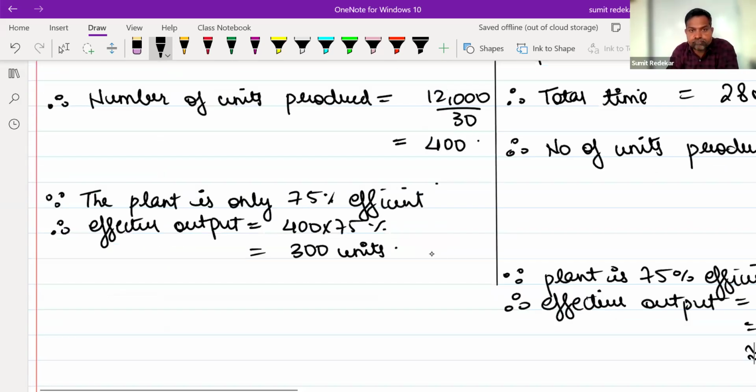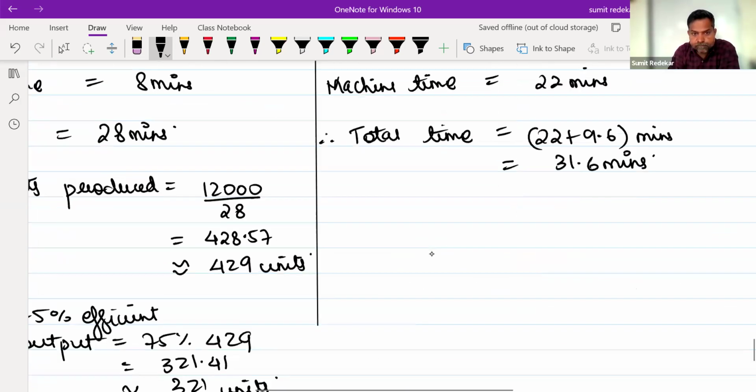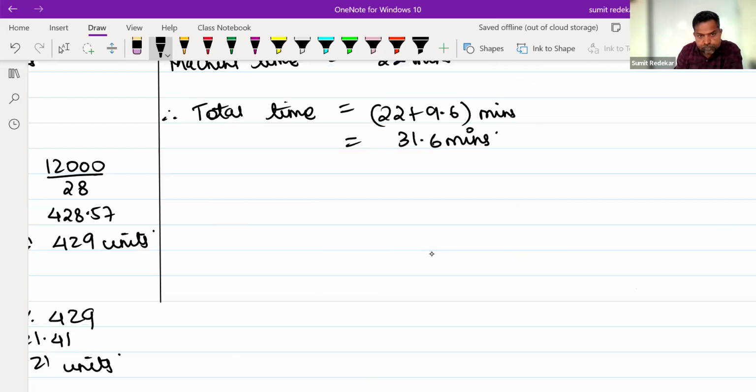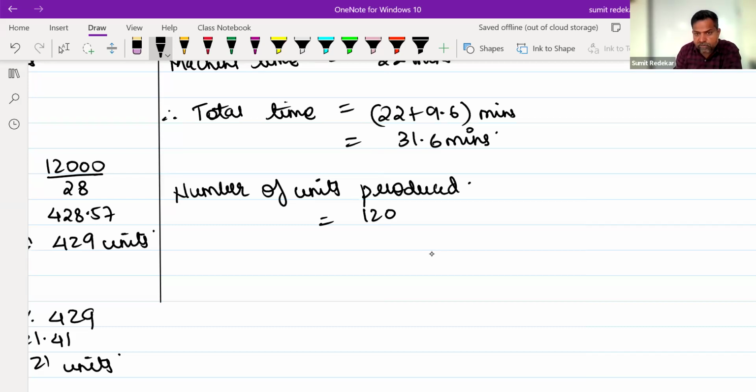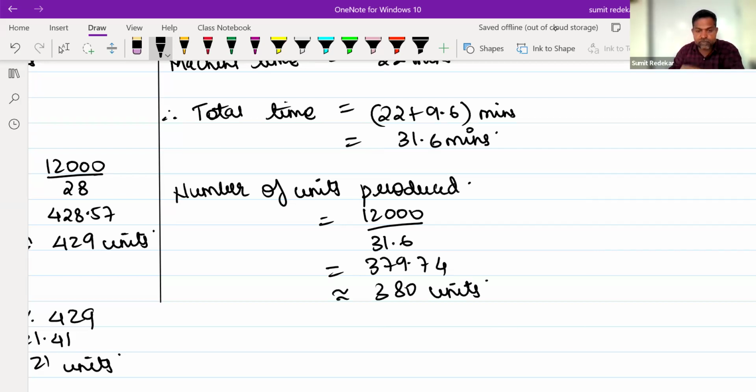Correct? Number of units produced is 12,000 divided by 31.6, which is 379.74. That's approximately 380 units.